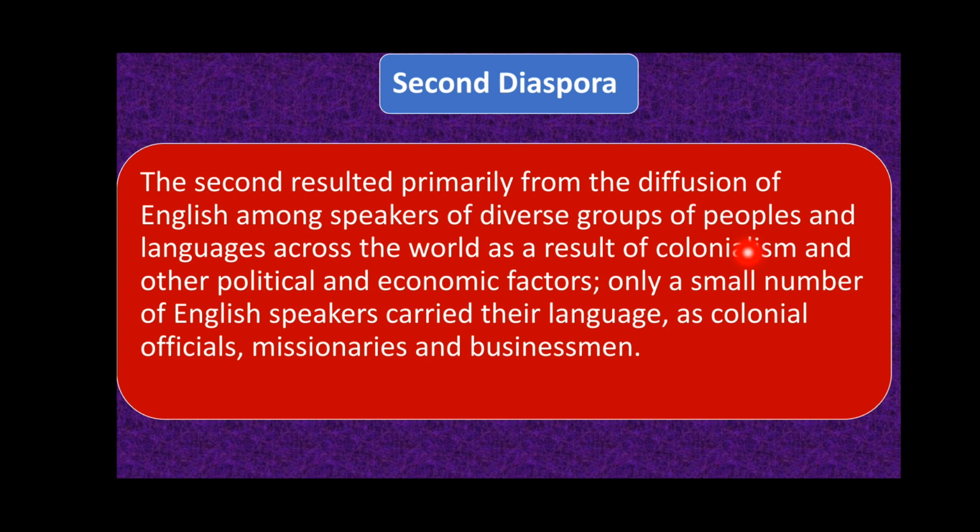They went to America, North America, different parts of the world, and they settled there. And languages across the world were affected as a result of colonialism. So the second cause of the spread of English, or the emergence of English as a global language, is colonialism, right? Because most parts of the world became colonies of Great Britain.